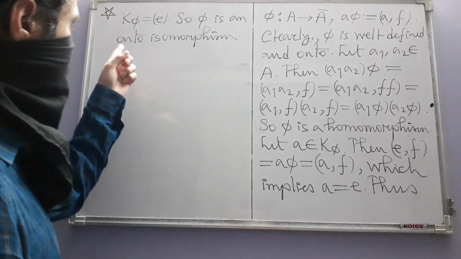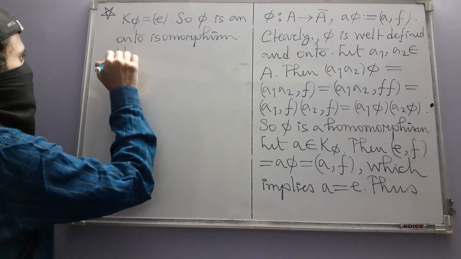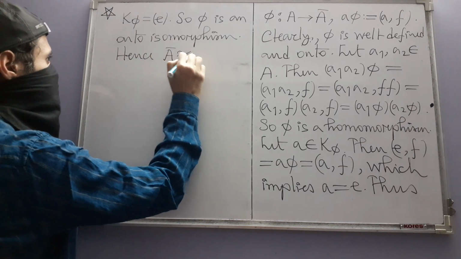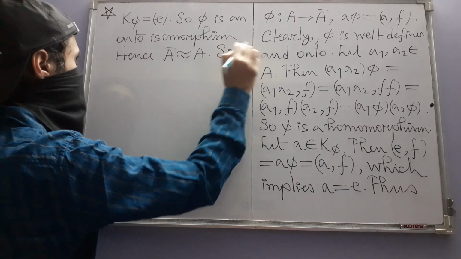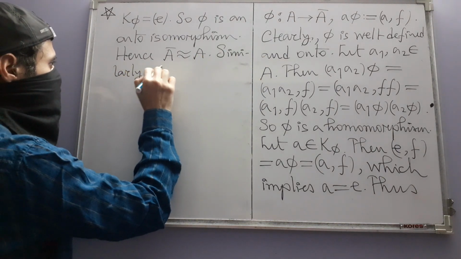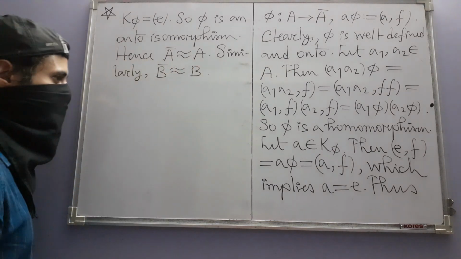That's why we are separately saying onto. Hence, A bar is isomorphic to A. Similarly, and this is left to you, B bar is isomorphic to B.